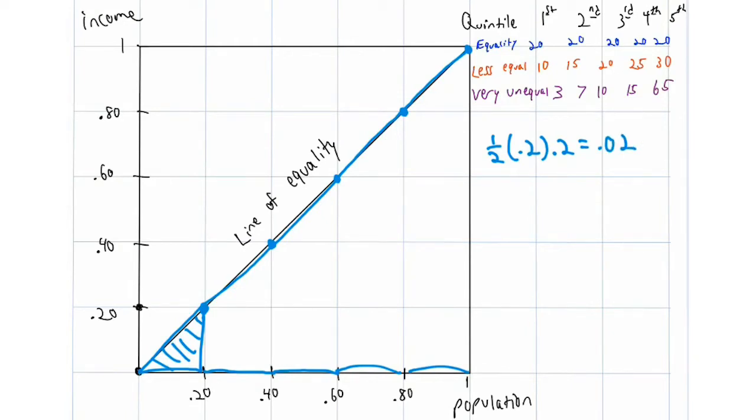Now, when you move over to the next quintile, it's no longer a triangle. If you're trying to calculate this additional area, that's a trapezoid. There's two ways you could do this. You could break it into the bottom square and the triangle on top of that, or you could just take the area of the trapezoid, which basically involves finding the midpoint of the heights. So halfway between 0.4 and 0.2 is 0.3.